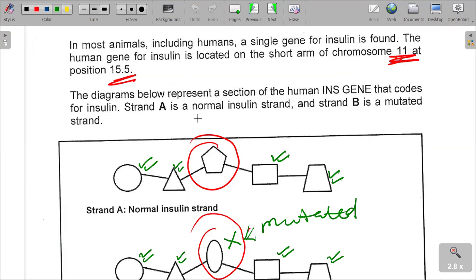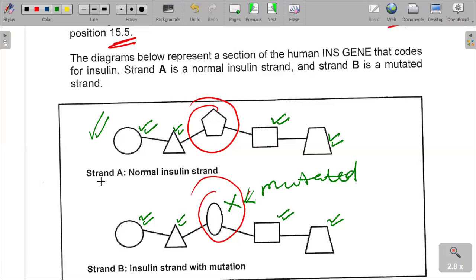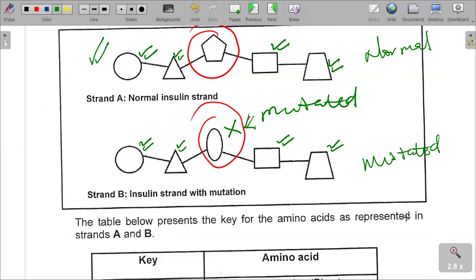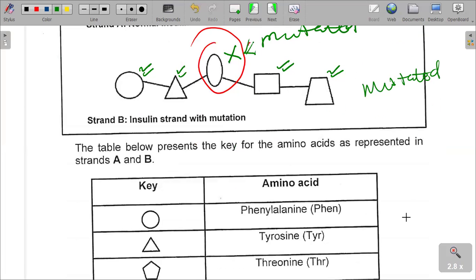Strand A is a normal insulin strand, which is this one, strand A. This is our strand A, class. Strand A is a normal insulin strand, and strand B is mutated. So this is normal, and strand B is mutated.